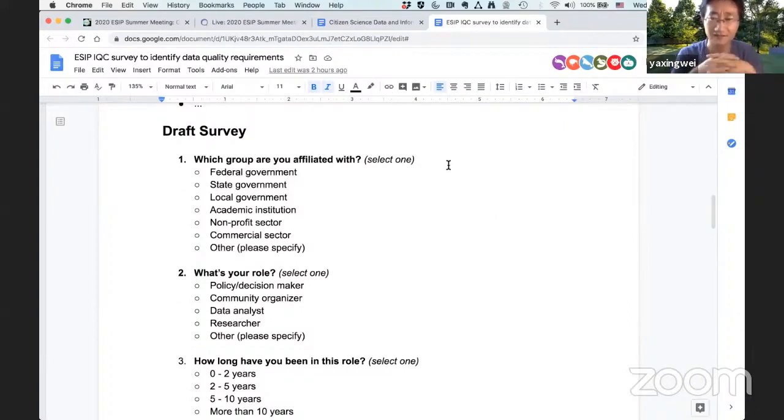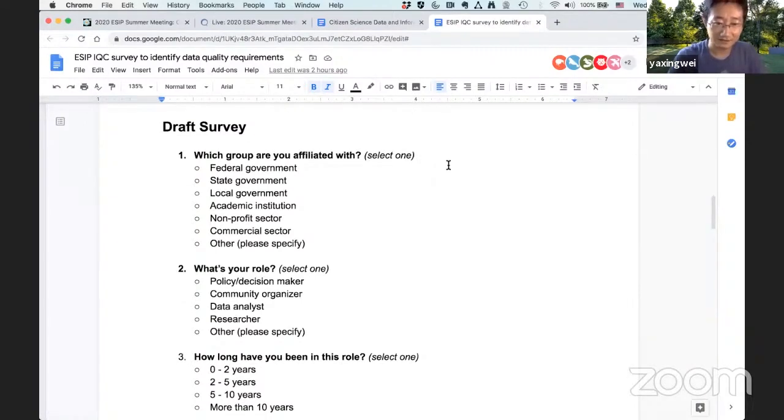We are targeting about a 15 minute time range for the survey. And the first question in the survey is, which group are you affiliated with? And then the next one is, what's your role? Are you doing policy or decision making? Are you a data analyst, a researcher?